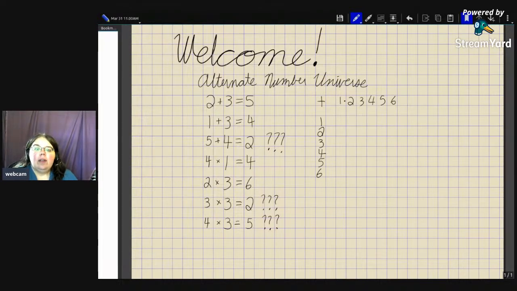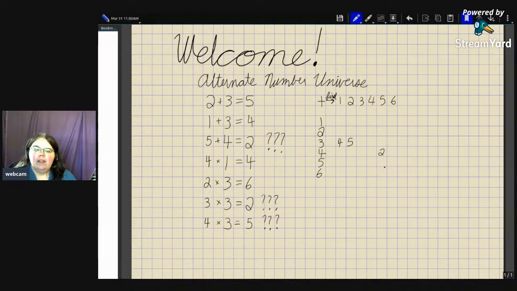Okay, so you can handle this either way, but I'm going to say that these will be the first number in case that matters, because there are some alternate number universes where the order matters. So we're going to say, okay, 2 and 3 is 5. 1 and 3 is 4. Okay. 5 and 4 is 2.